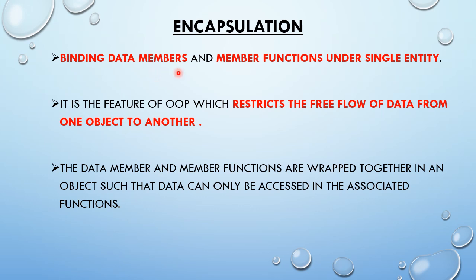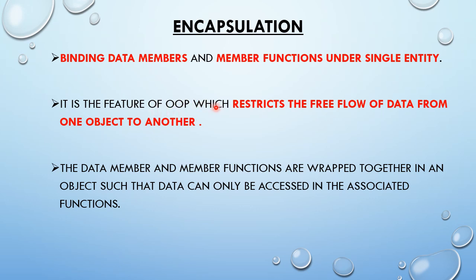Now this is the main advantage of OOP, that data members and member functions are combined together under a single entity, and it is a feature of OOP which restricts the free flow of data from one object to another. In encapsulation, data doesn't flow from one object to another object freely, or data cannot be accessed easily by any function.